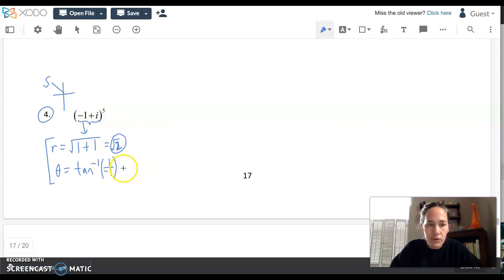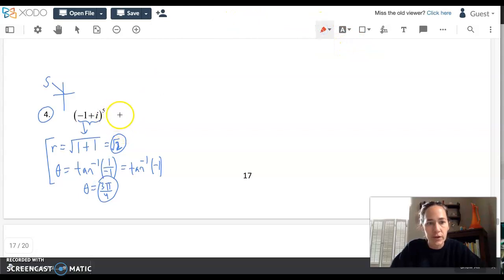We need to think of a good reference angle for the tangent being negative 1. Well, tangent is 1 when theta is pi over 4. Let's put that reference angle into quadrant 2 and say theta here on the inside equals 3 pi over 4 exactly. So that's a conversion to start the problem.